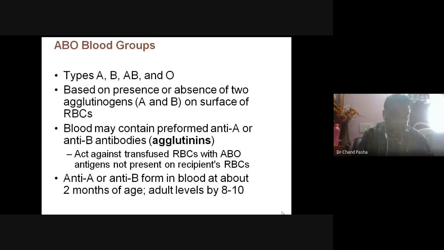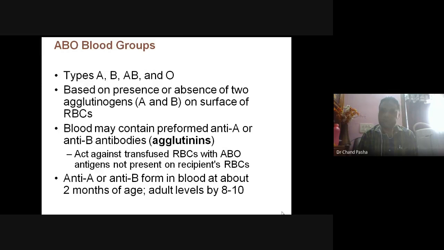Here we divide the ABO system based on the glycoproteins which are there on the surface of RBCs, and simultaneously the antibodies which are present in soluble form in the serum or plasma, based on the presence or absence of two agglutinogens or antigens, A and B, on the surface of RBCs.